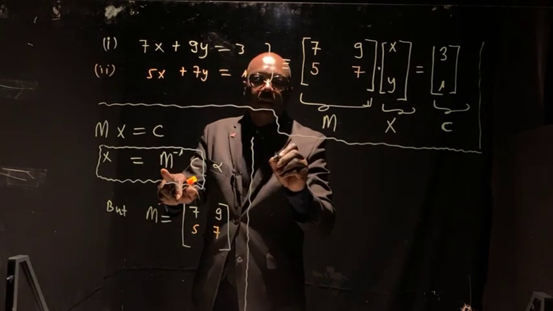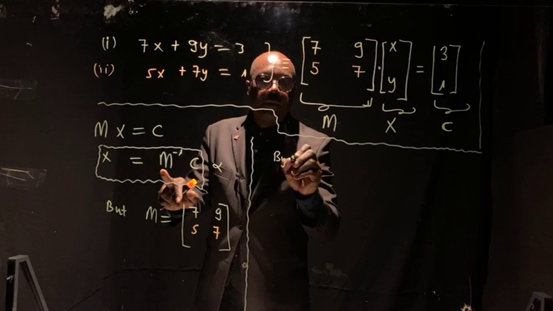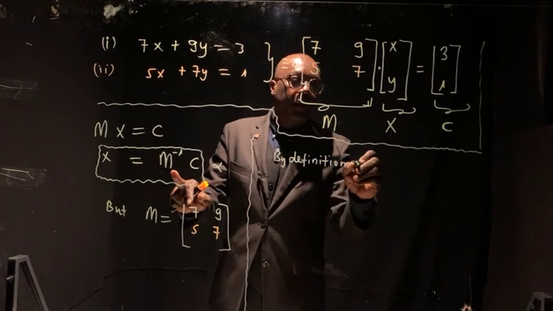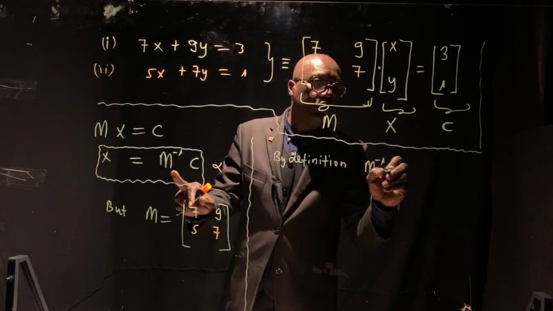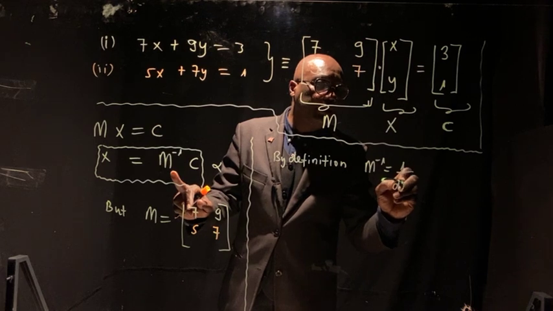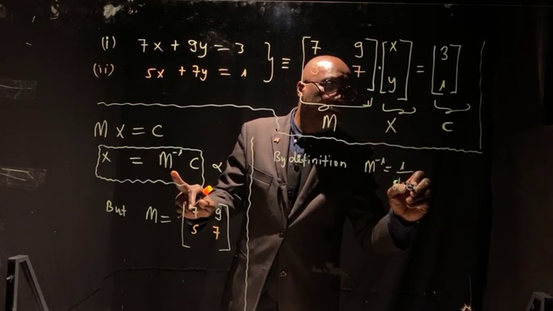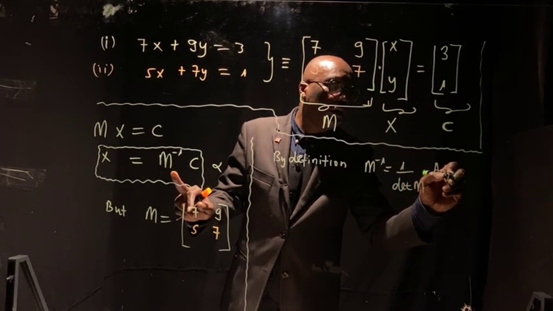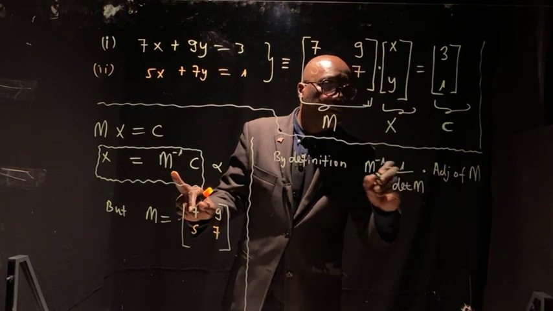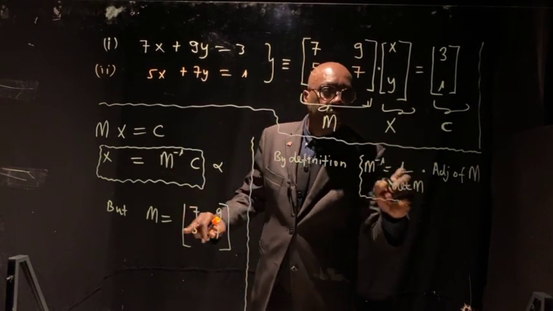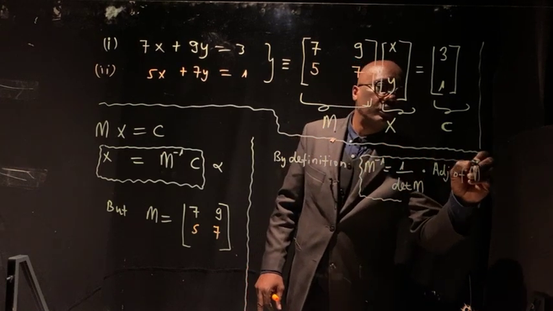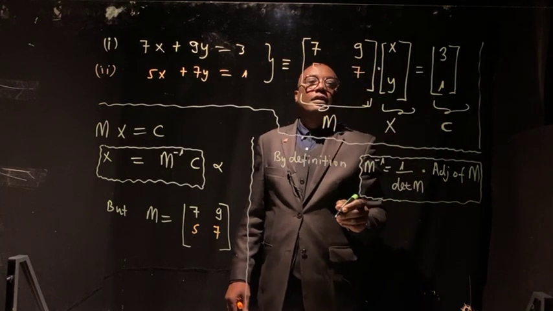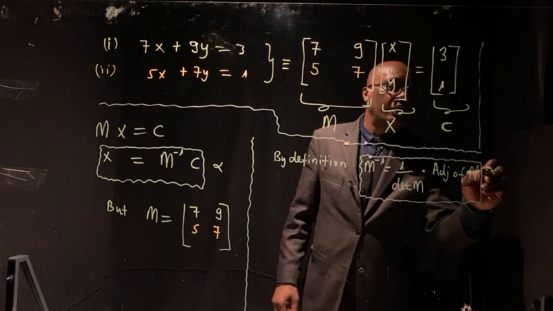The inverse of M by definition is equal to 1 over the determinant of M times the adjoint of M. I'll call this one equation beta.